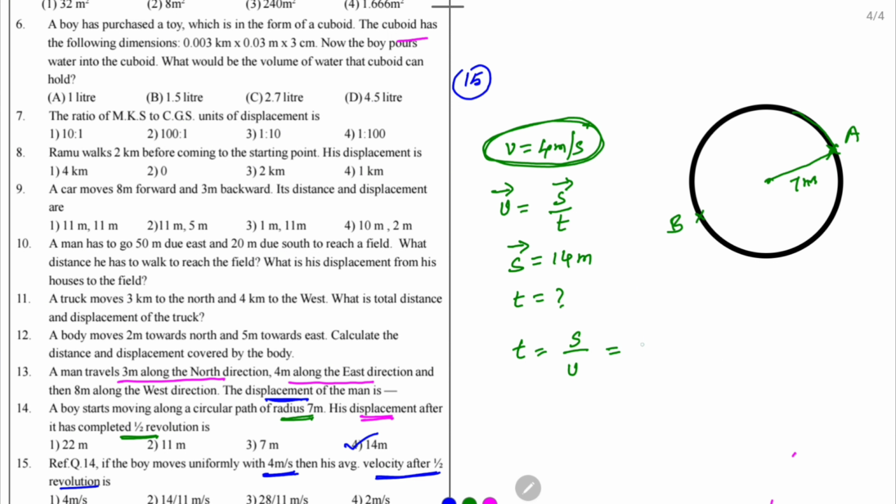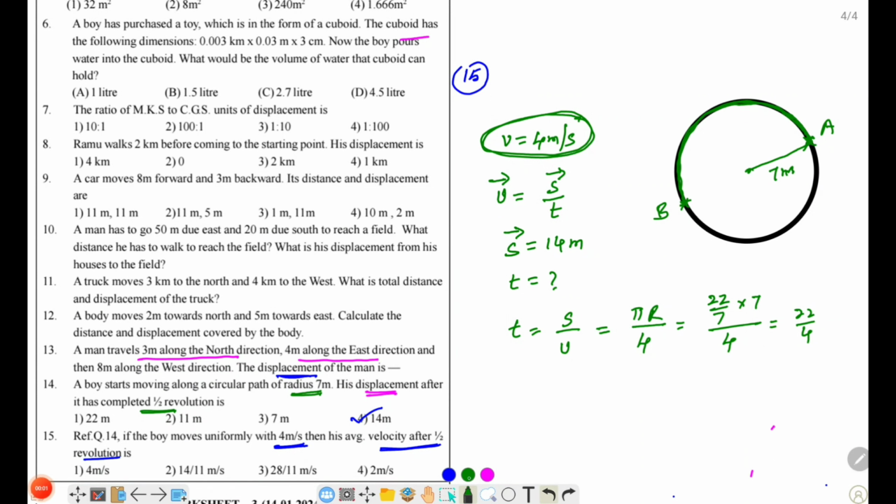What is the distance traveled here? Which is half of the circumference of the circle, which is pi r divided by speed, 4. Pi value is 22 by 7 times radius 7 divided by 4, which is 22 by 4. You can write this value as 11 by 2 seconds.